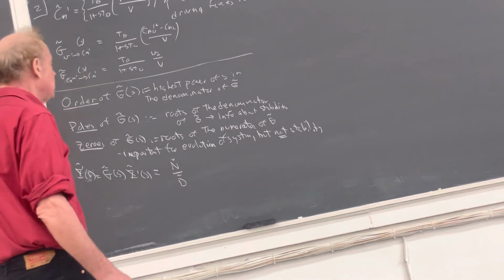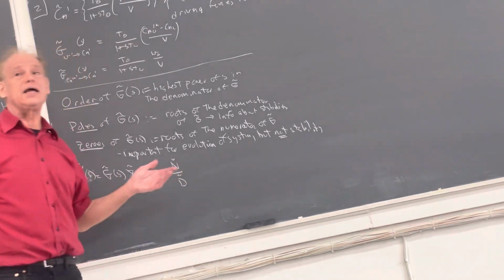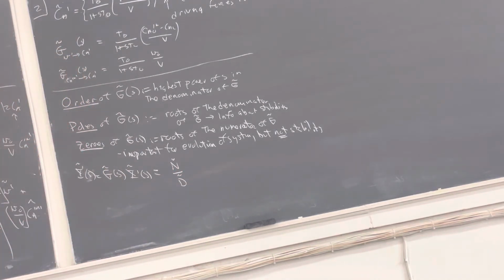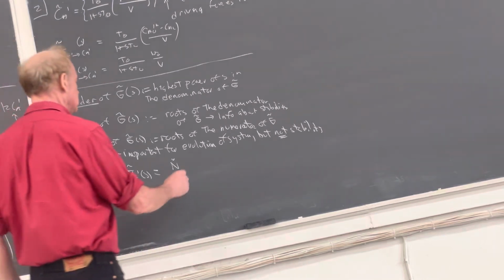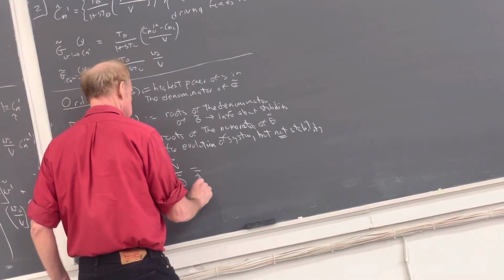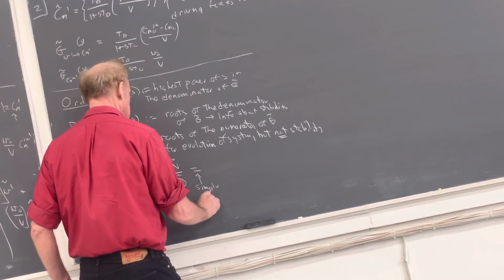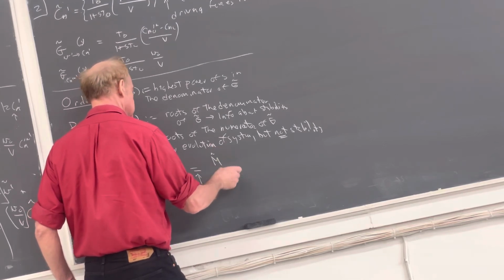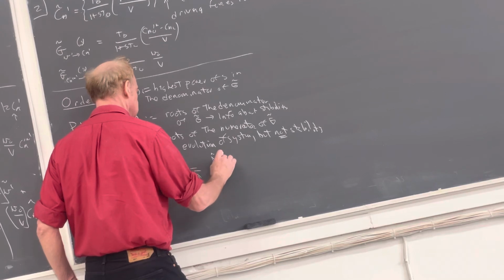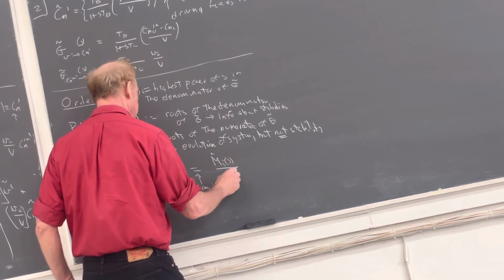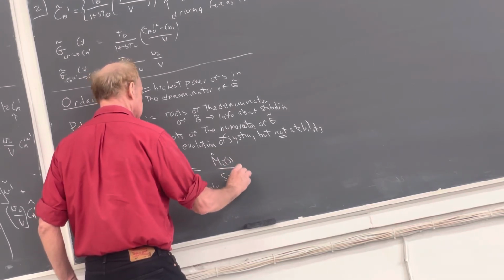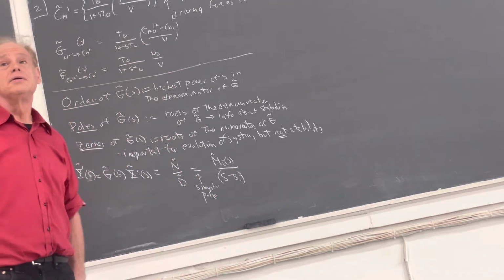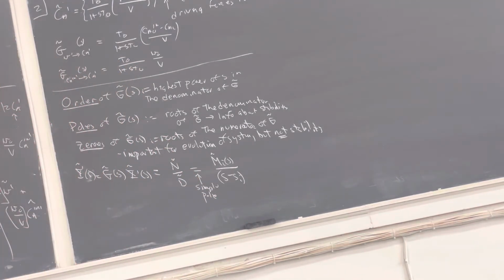So for example, we said, let's say I have a simple pole. Then this would be M_i tilde of s over s minus s_i. I could write it that way.